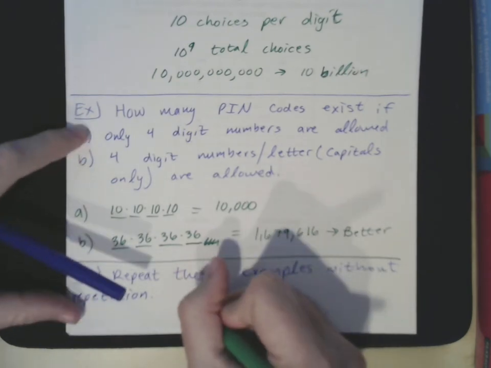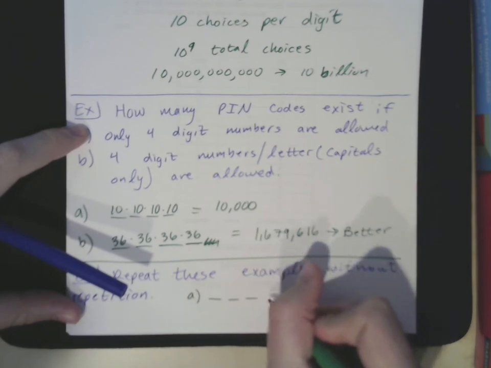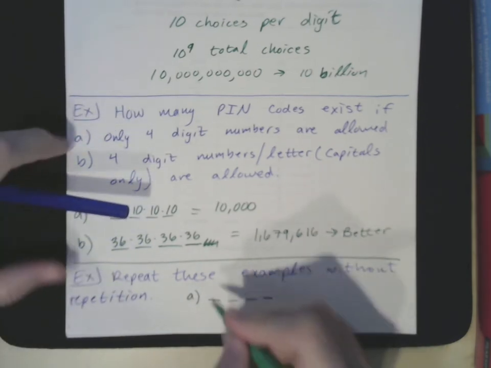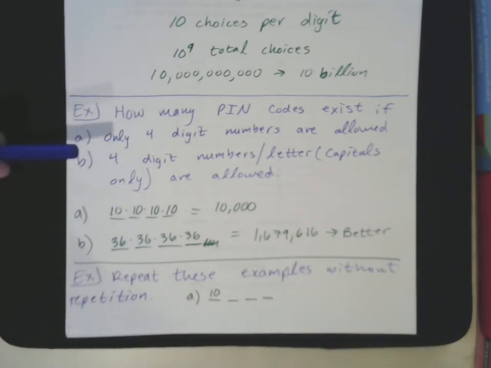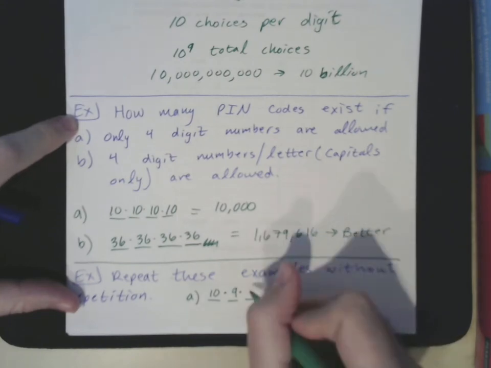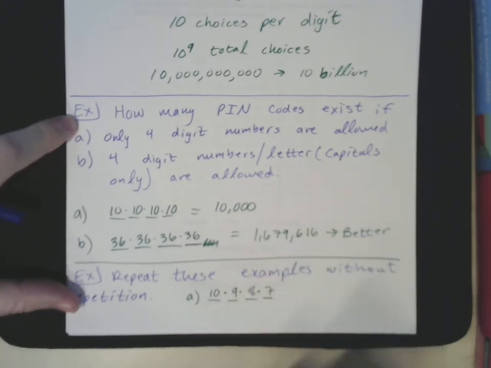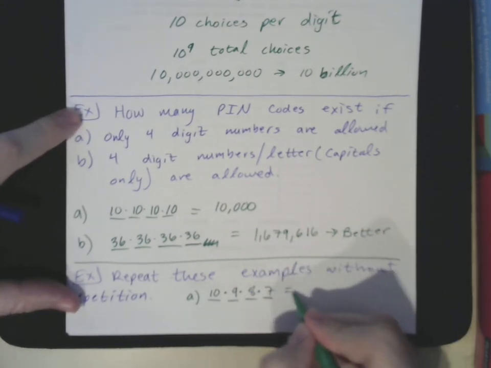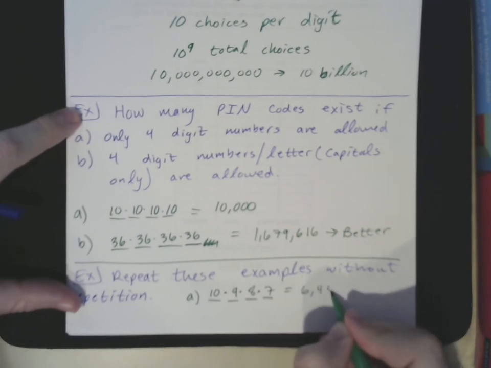So for part A, that means that once we choose our first choice, we do have 10 options, 0 to 9, but whatever number is chosen, we no longer have that option for the rest. So now there's 9 choices here, there's 8 choices here, and there's 7 choices here. And so this limits you down to only 5,040.